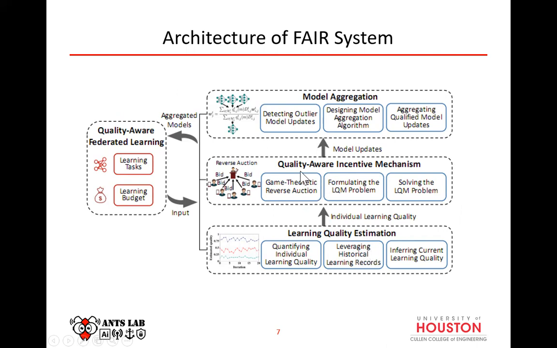And then it models the interaction between the platform and the nodes as a game theoretical reverse auction to cast a quality-aware incentive mechanism. And finally, it devises a model aggregation algorithm to detect outlier model updates and effectively aggregate the qualified model updates to further improve the aggregated model quality.